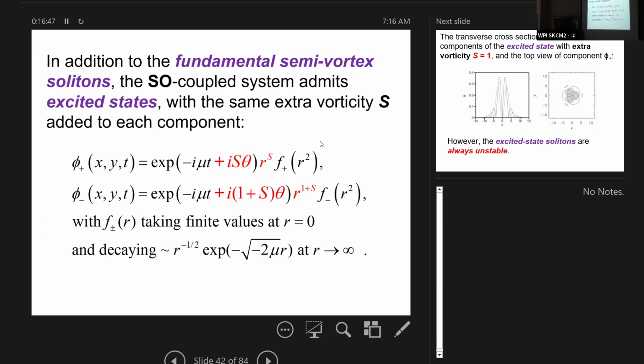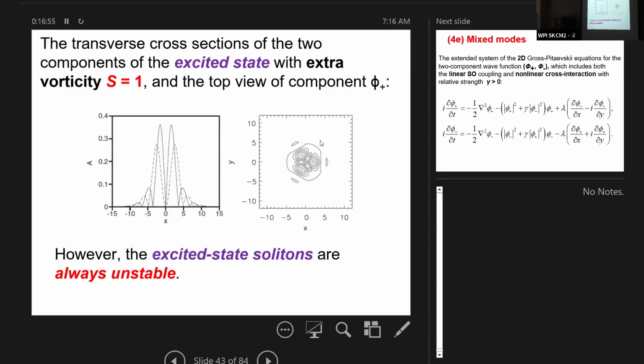So such higher order families also exist, but they are not very important for a simple reason, because unlike the fundamental spin-orbit coupled semi-vortex, all these high order states are completely unstable. So this is an example of the stationary solution for the next order excited state. It shows the cross sections of two components, the top view, but unlike their fundamental counterpart, they're completely unstable, therefore not very important.